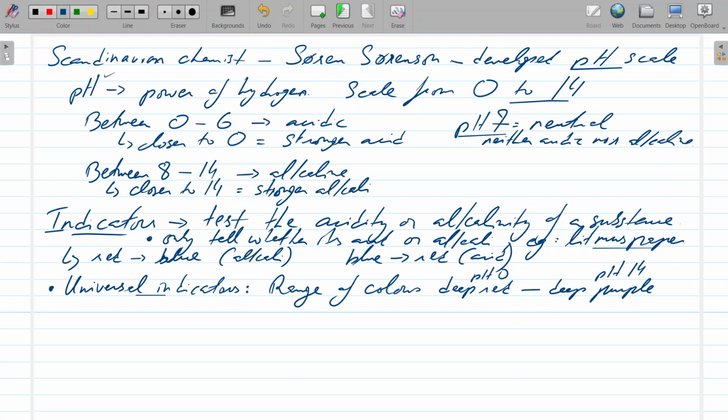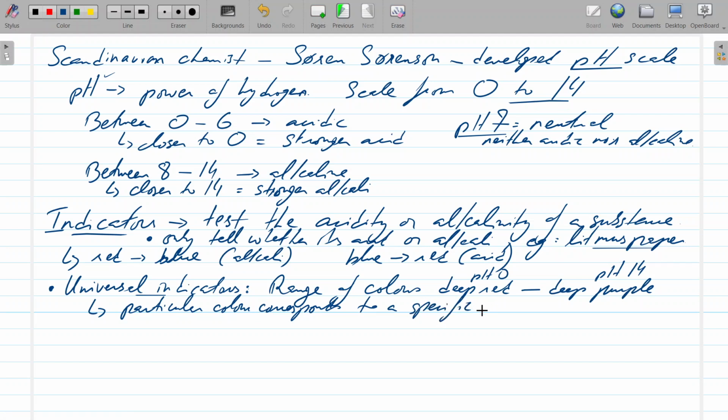Everything in between goes through yellow and green and blue. When you add it to a chemical, it gives you a particular color, and that color corresponds to a specific pH.